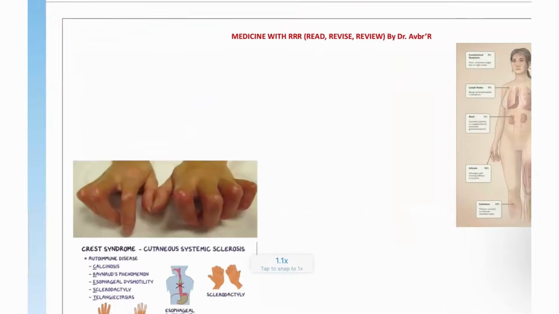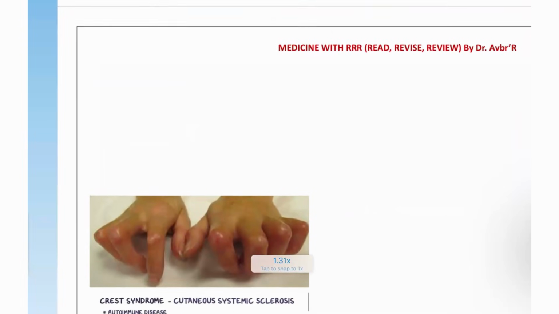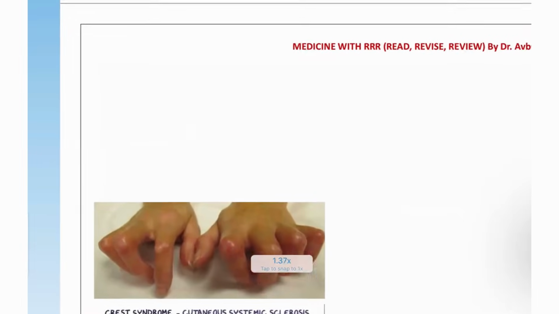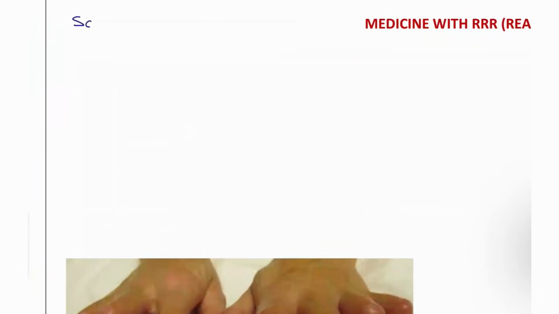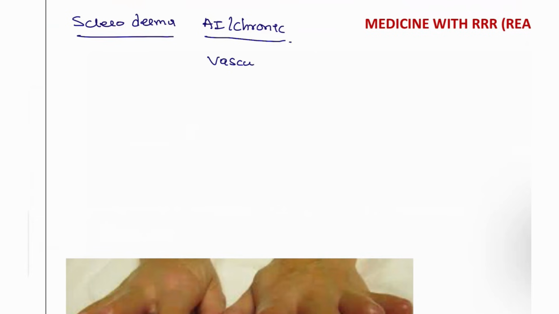Next, moving on to another syndrome, guys. This is systemic scleroderma. Okay, what is meant by systemic scleroderma? Systemic scleroderma is an autoimmune and chronic condition. What happens in this condition is there will be a vasculopathy. The vasculopathy will involve the capillaries. All the capillaries will be involved.